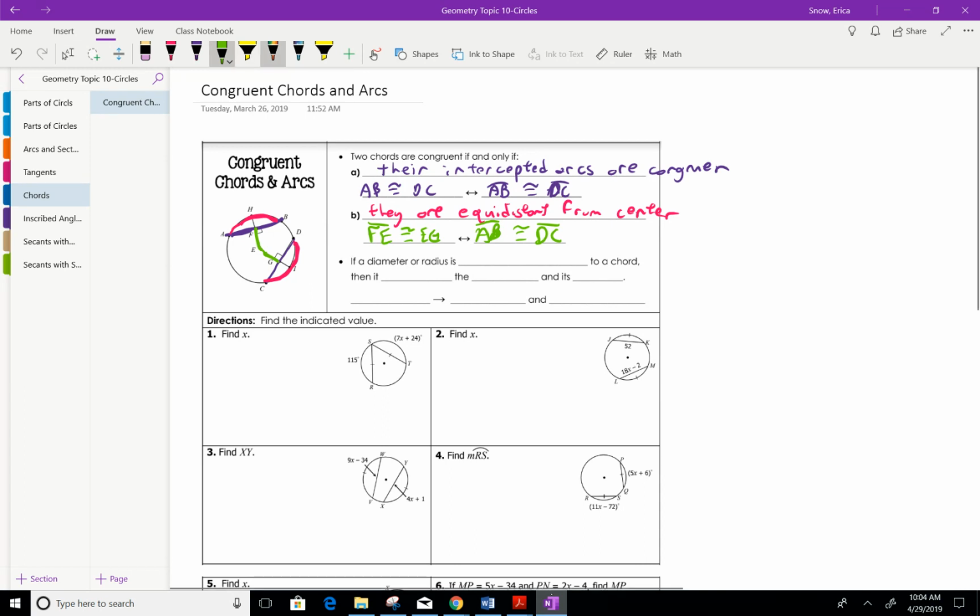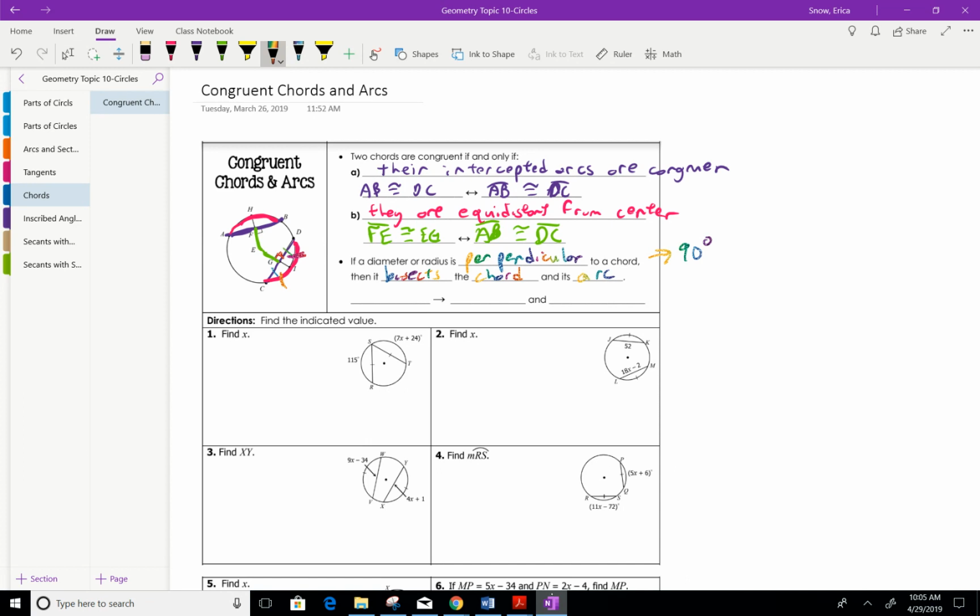And finally, we're going to talk about this little perpendicular thing right here. So if a diameter or radius is perpendicular to a chord, and that means we got 90-degree angles going on here, then it bisects the chord and its arc. So that means that these two little arcs are congruent and that those two pieces of the chord are congruent.